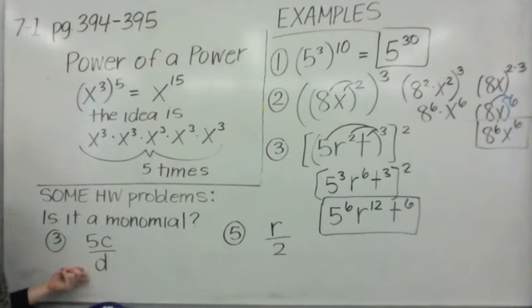What do you think? Okay, the thing that makes me think no is because it has two variables. It has c and d, right? But a monomial can have two different variables because we saw it in previous examples.